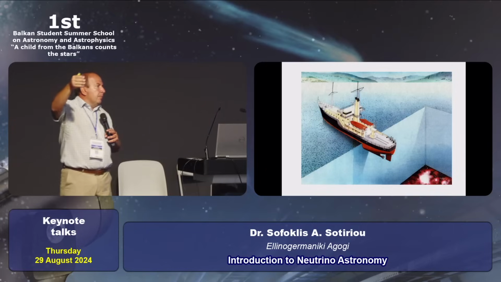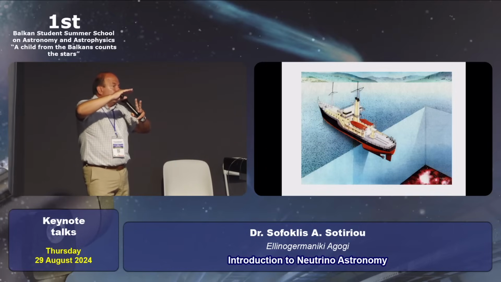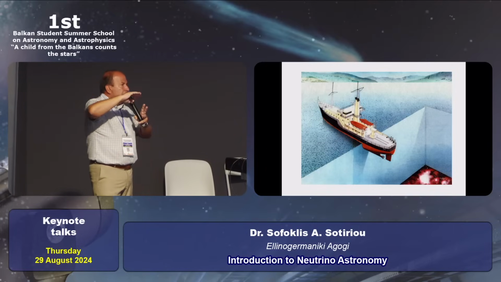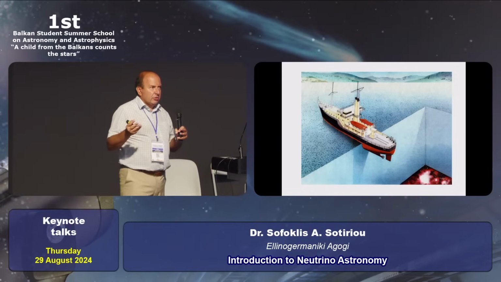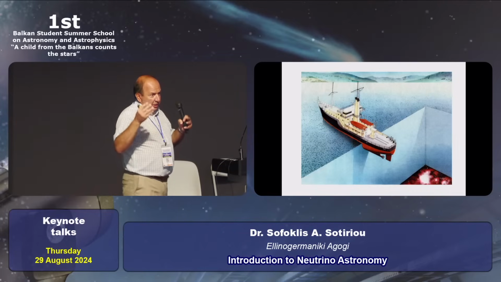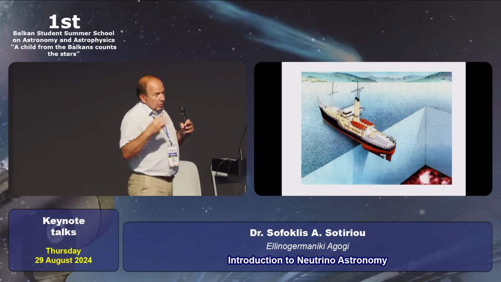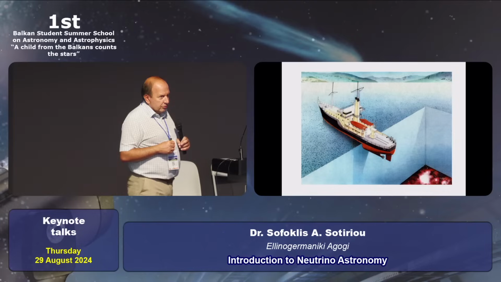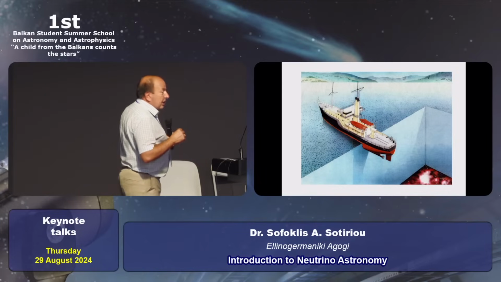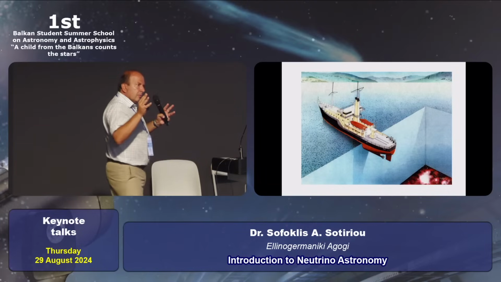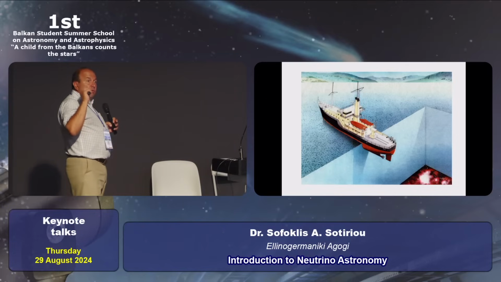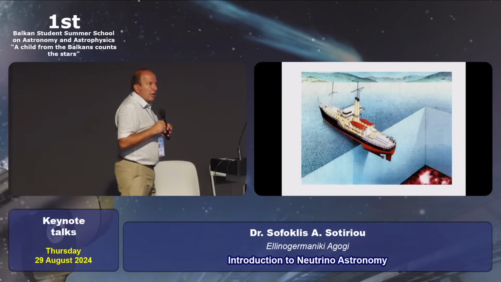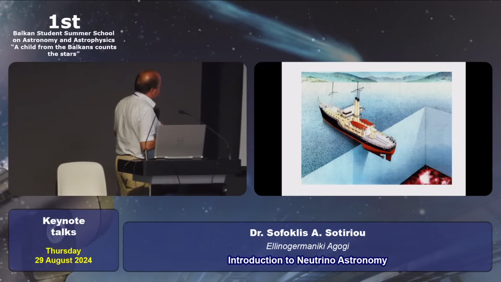I mean, as we said, we have to create a shield from the cosmic rays. If there is light, we will not be able to detect neutrinos. If there are a lot of cosmic rays, we will not be able to detect neutrinos. So we have to isolate the detector, and we have to go very deep in the ocean water.